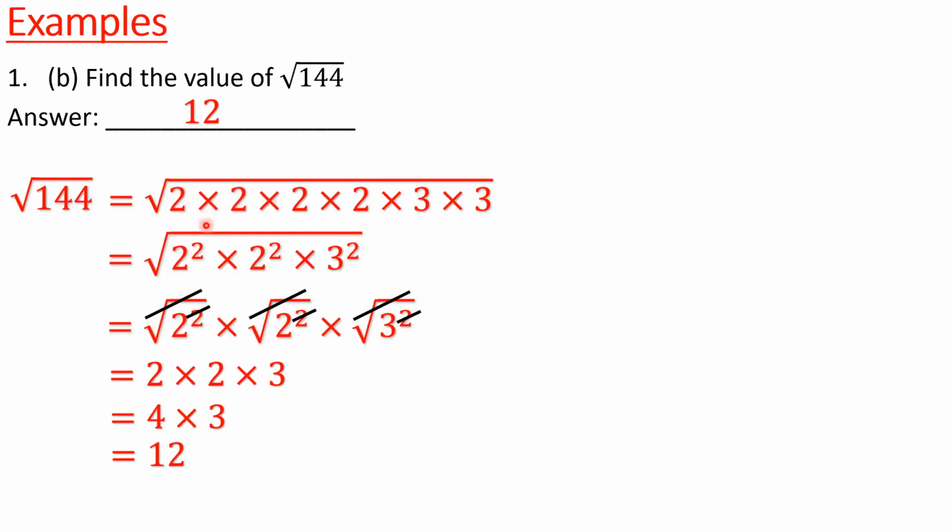We combined them into pairs, and whatever ones we have as a square, we cancel with the square root, because square roots and squares cancel with each other. Same thing for each one, and then we keep the radicand, the thing underneath the radical sign. We keep the 2, the 2, and the 3, and we're left with 2 times 2, which is 4. We bring down the 3, 4 times 3 is 12. And so that's how we get 12. So this is how you can find the square root of a number using prime factorization.